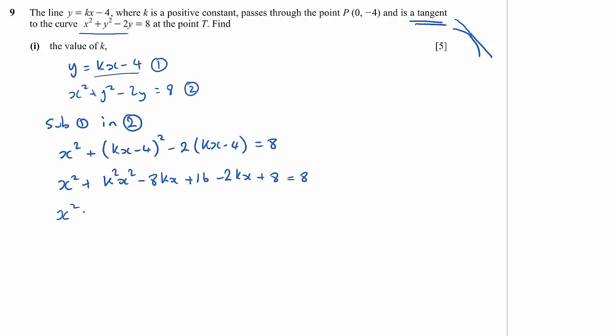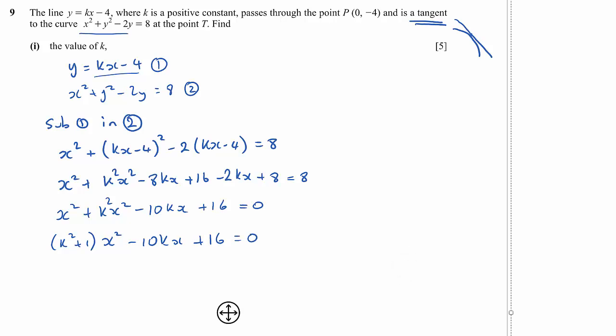So we have x squared plus k squared x squared minus 10kx plus 16 is equal to 0. So that's going to be (k squared plus 1) x squared minus 10kx plus 16 equals 0.